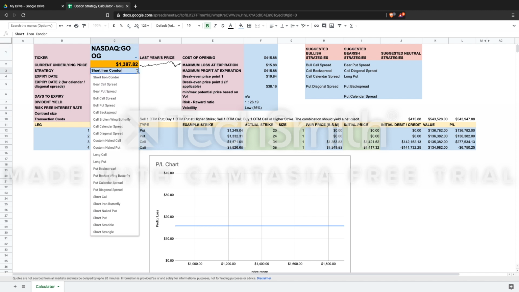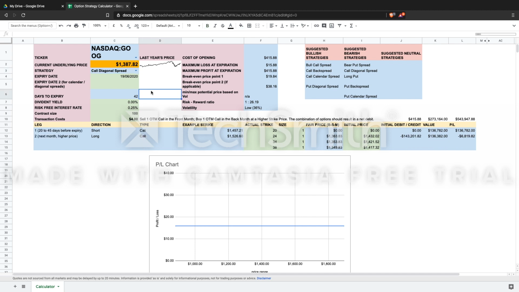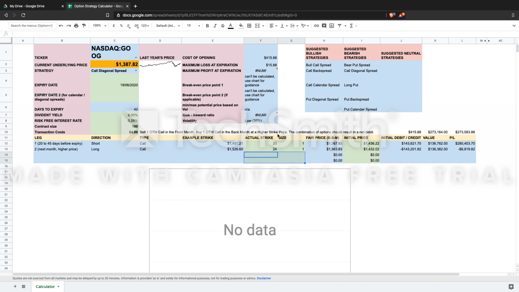Let's select bear strategy. So in this case, let's go and select call diagonal spread. And the call diagonal spread has only 2 legs, so we can get rid of this. Now the call diagonal spread adds another element to the option strategy, which is that we buy or sell options that expire at different dates.